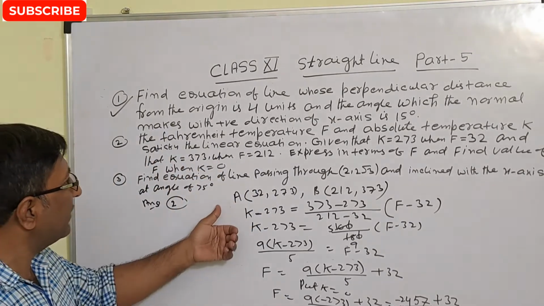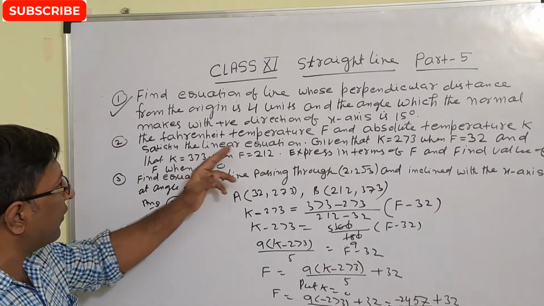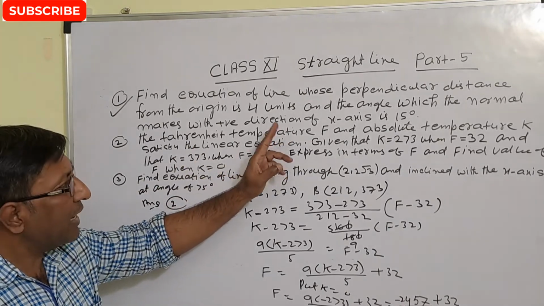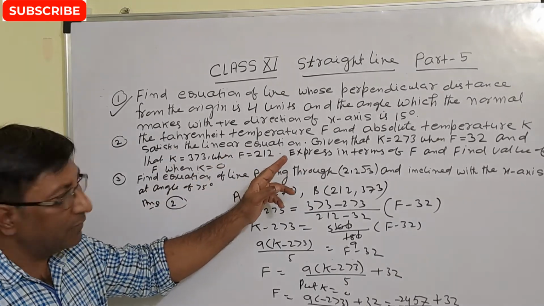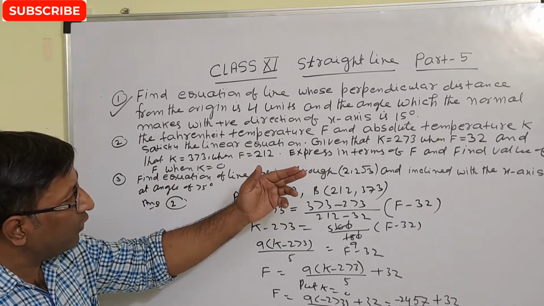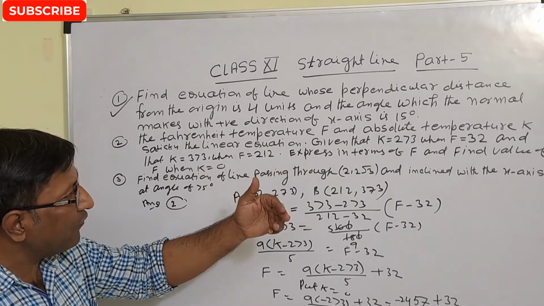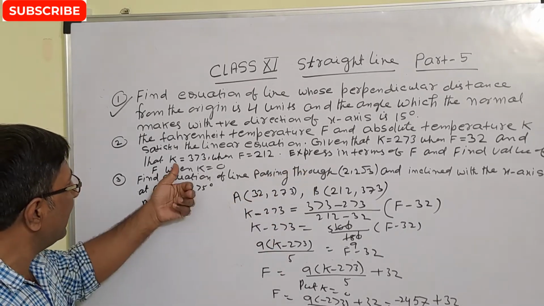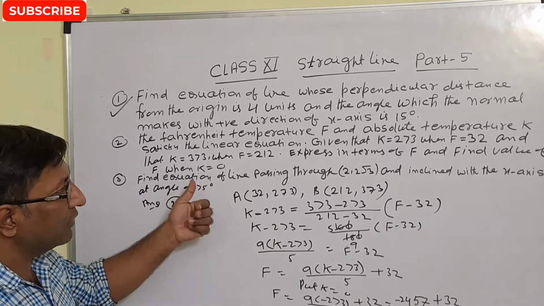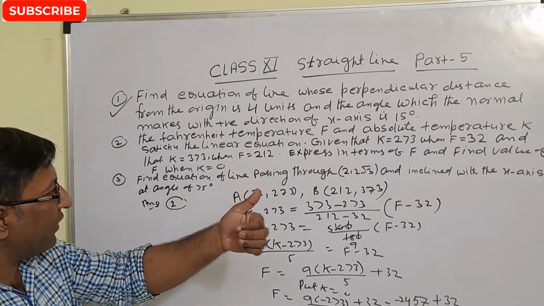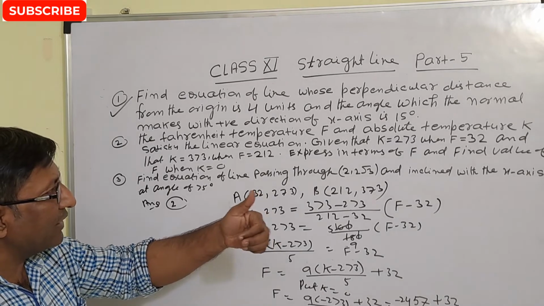So for this type of question, where the Fahrenheit temperature F and absolute temperature K satisfy a linear equation, given that K equals 273 when F equals 32, express K in terms of F and find the value. We have taken F as the x-axis and K as the y-axis.